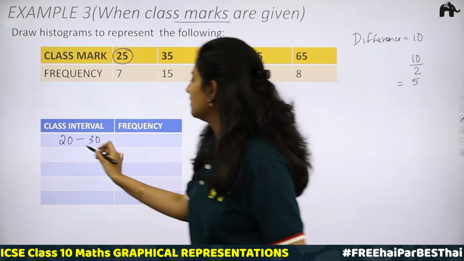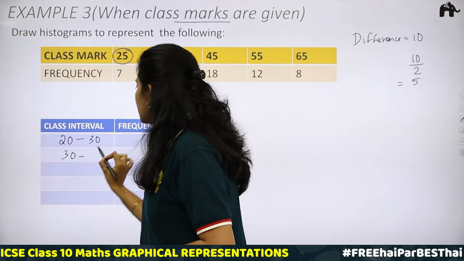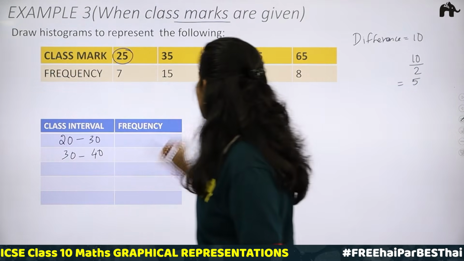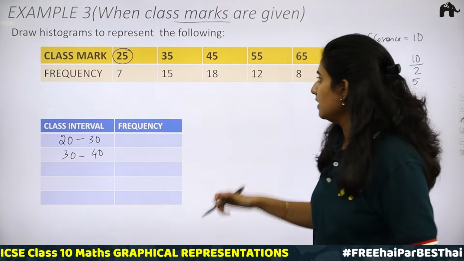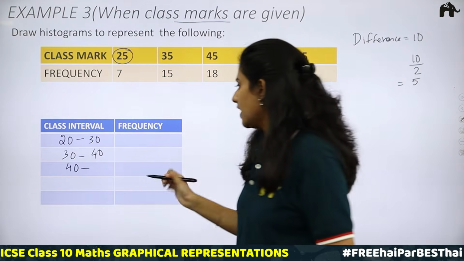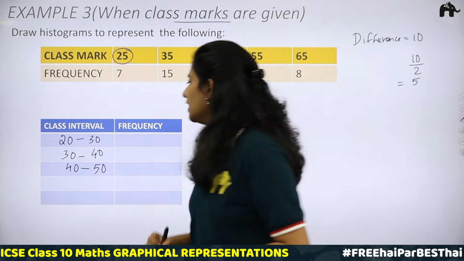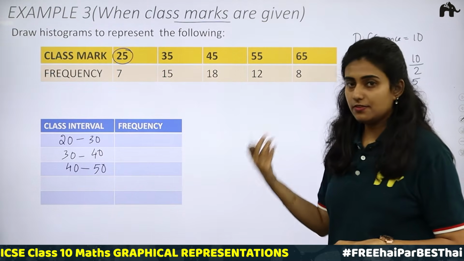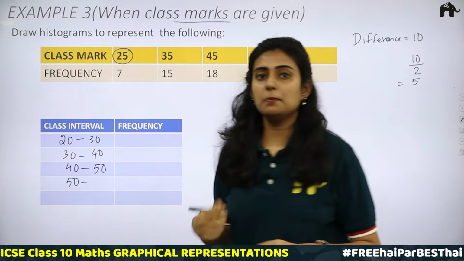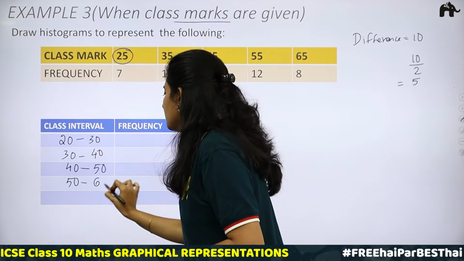Next, 35. 35 minus 5 is 30. 35 plus 5, that is 40. Next, 45. 45 minus 5, 40. 45 plus 5, that is 50. Next, 55. 55 minus 5, 50. 55 plus 5, 60.